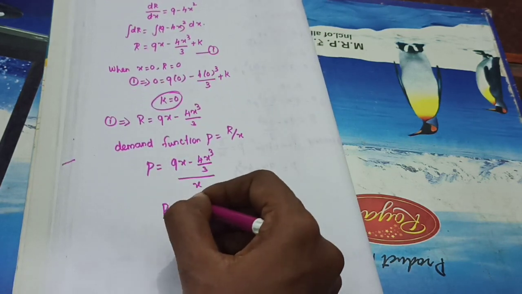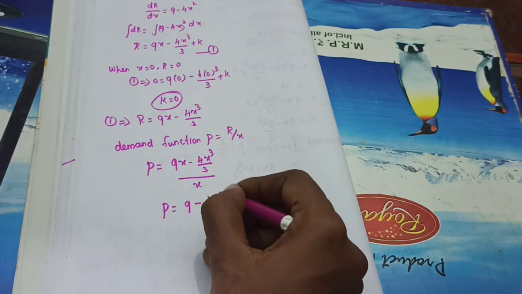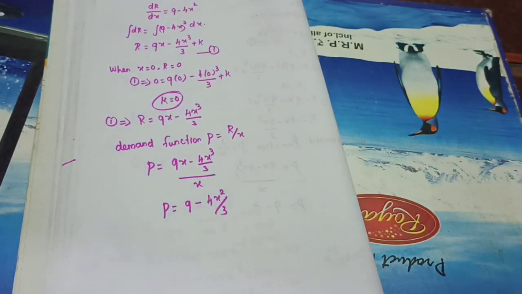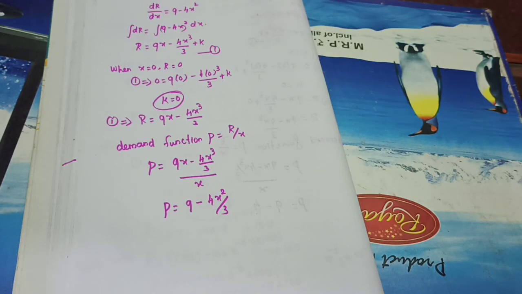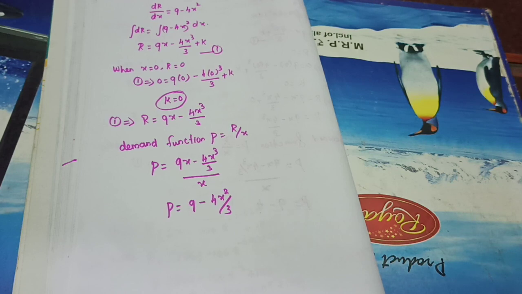So P is equal to 9 minus 4x square by 3. This is the answer. Understand? I think now you got a little bit of an idea.